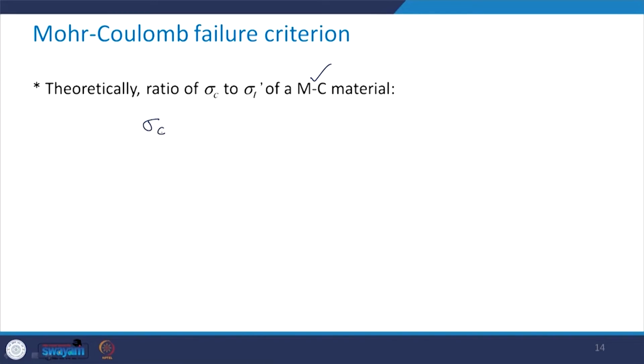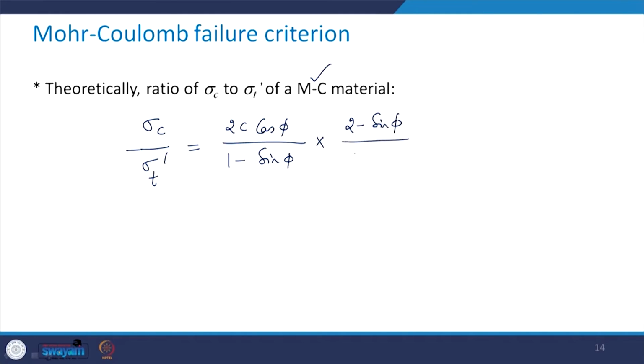You see that sigma c upon sigma t prime, we derived earlier as 2c cos phi divided by 1 minus sin phi, and just now we derived sigma t prime, which is c cos of phi divided by 2 minus sin phi. Since it is in the denominator, the term 2 minus sin phi will be in the numerator, and here you will have c cos phi.